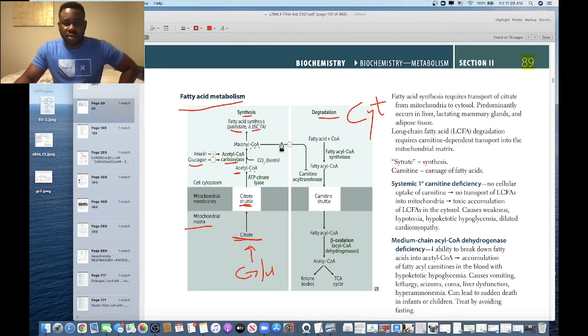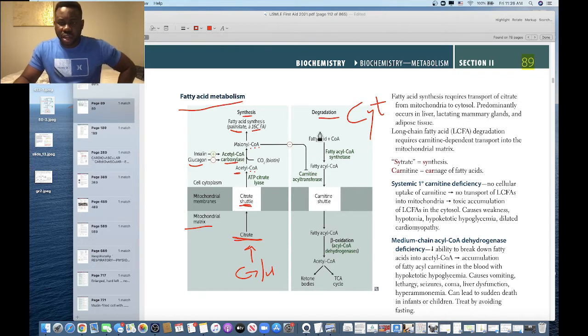So insulin stimulates it. I said earlier that when we eat a lot, the fed state favors synthesis of fat, because if you don't eat, why would you make fat? But the hunger state will favor the breakdown of fat to make acetyl-CoA back for energy.